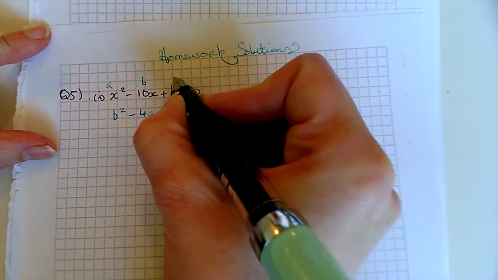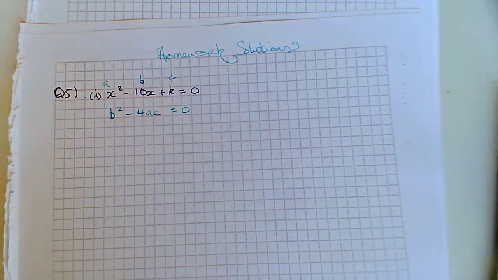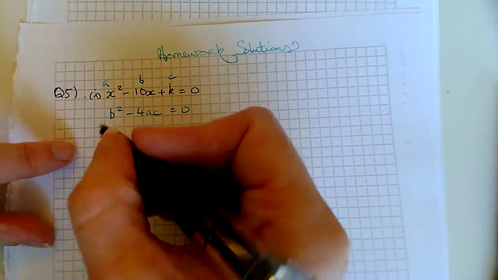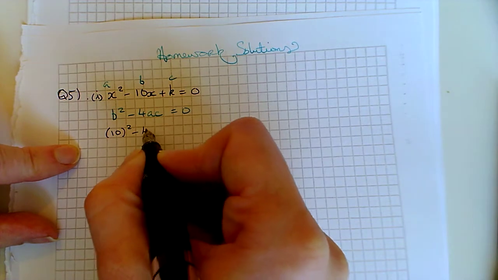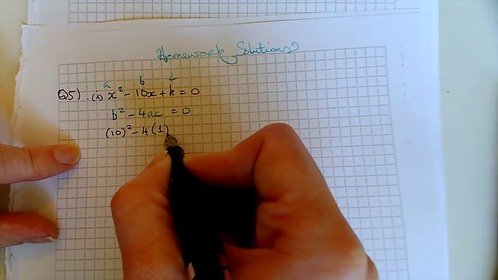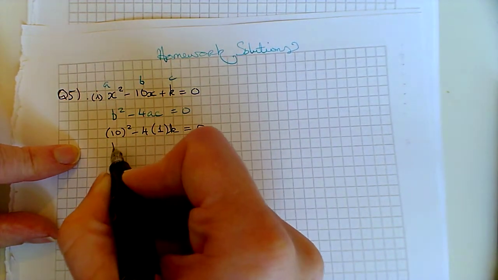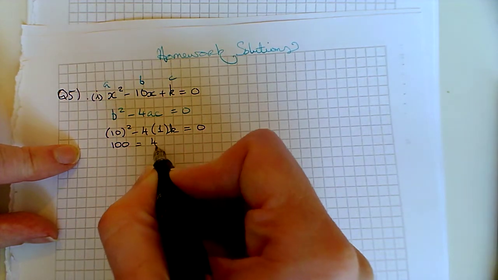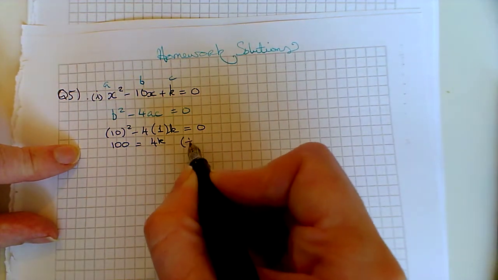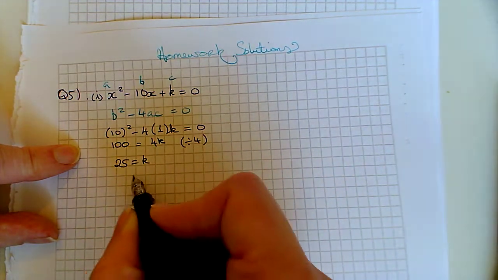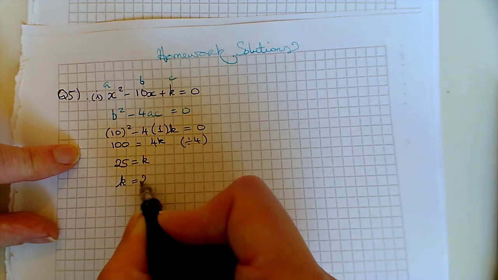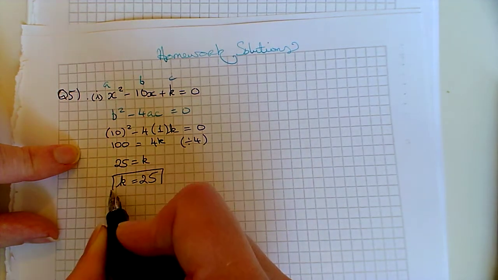And a, b, and c are the same way as when we fill into the minus b formula. So that means that 10 squared minus 4 by 1 by k must be equal to 0. So 100 is equal to 4k, and divide across by 4, 25 is equal to k. So the other way that we usually write it, k is equal to 25.